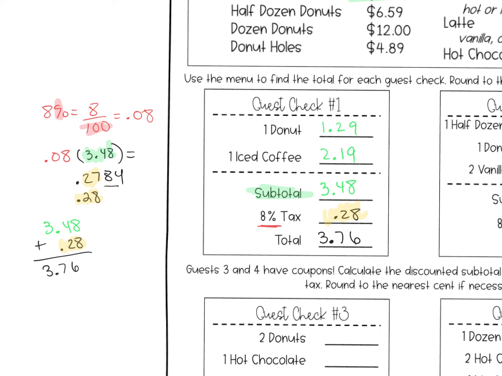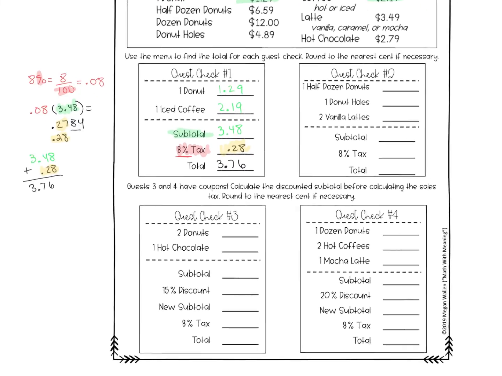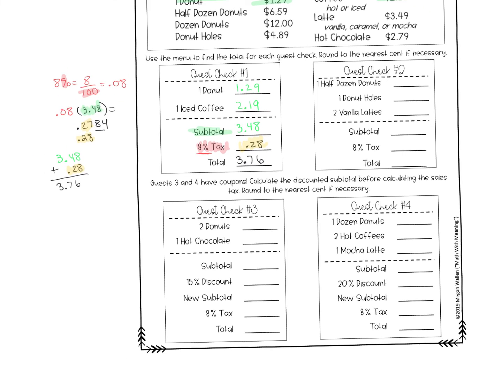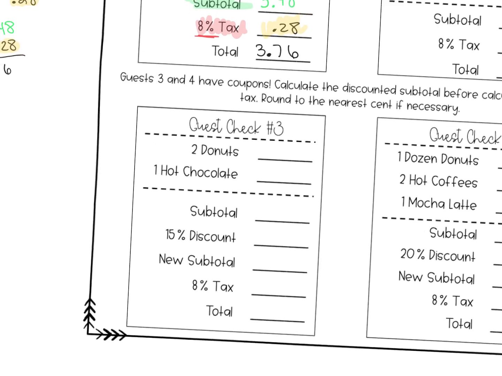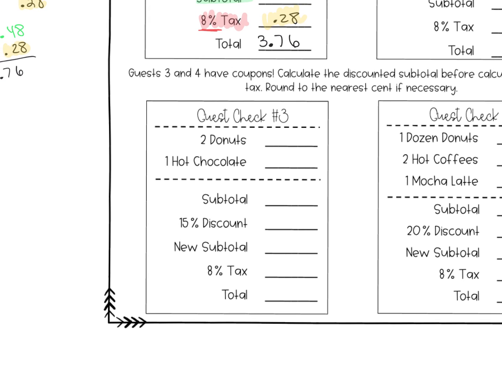Okay, so that's what you're going to be doing on this assignment. Something to be mindful of is when you are working, as the checks go, they get more challenging. For example, for this one right here, you're going to have to find the price when there's going to be a discount, and then there's going to be a tax.